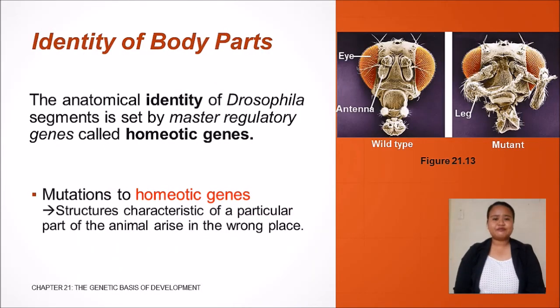After the formation of the four major body axes of the Drosophila, followed by segments being established, the next gene to be expressed will determine the specific anatomy of each segment along the length of the embryo. This gene is called the homeotic gene. The homeotic gene, also known as the master regulatory gene, was discovered by Edward B. Lewis.